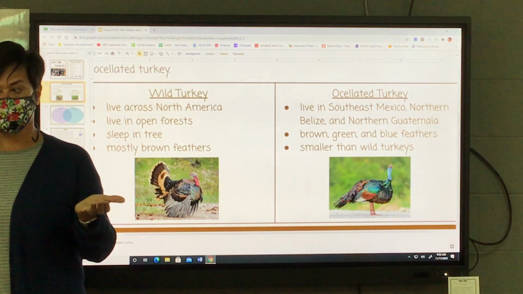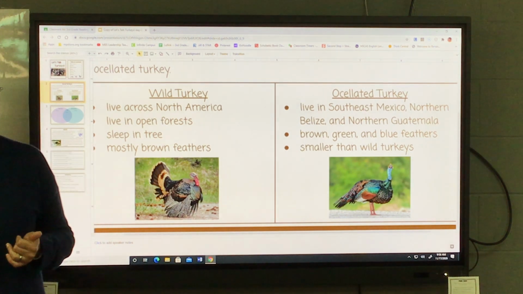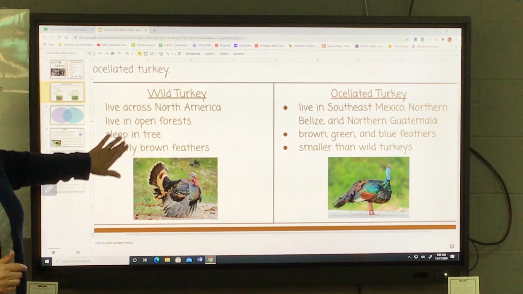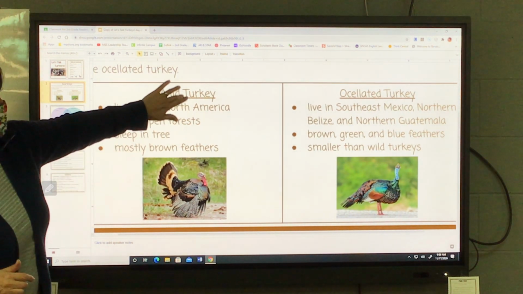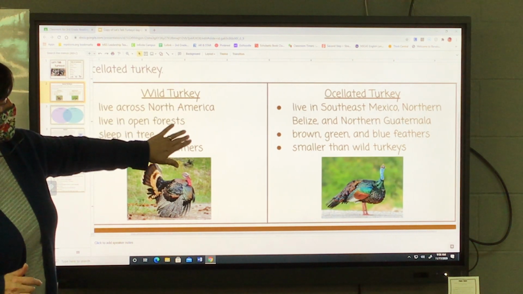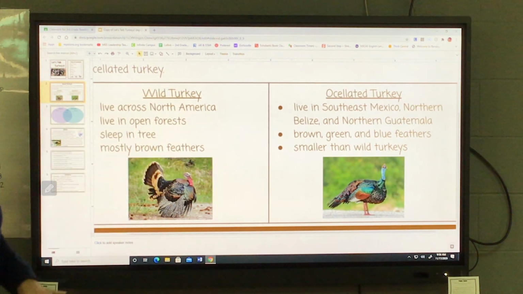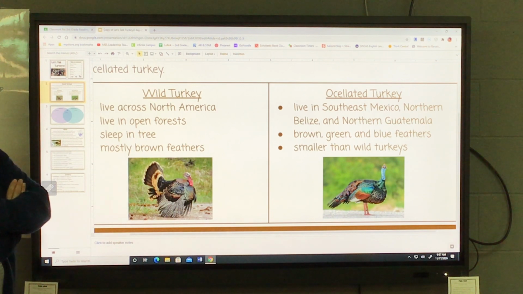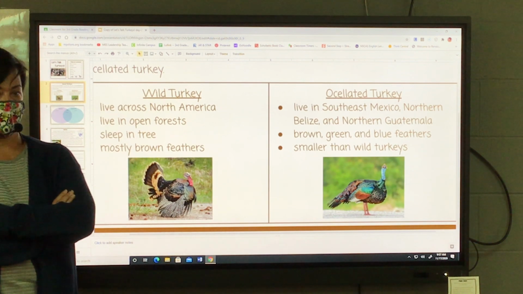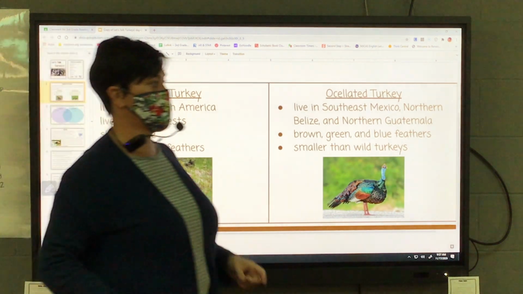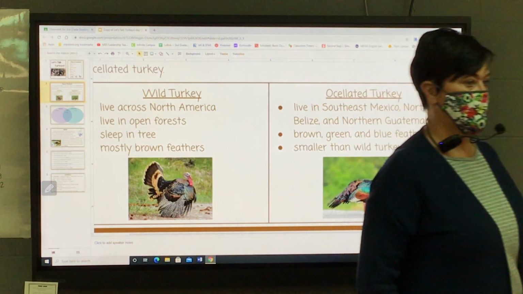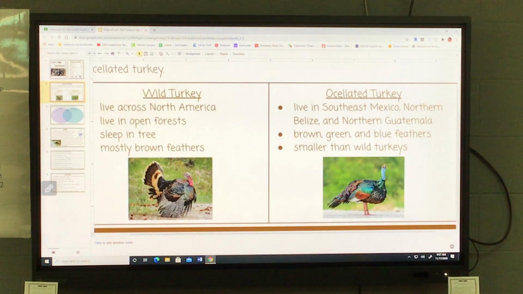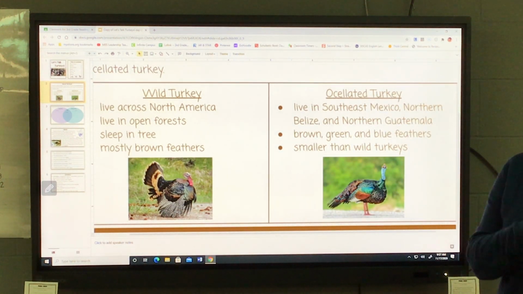Both are turkeys. Okay, what else could we put for both turkeys? Haley? They both have brown. Yeah, they both have brown feathers.